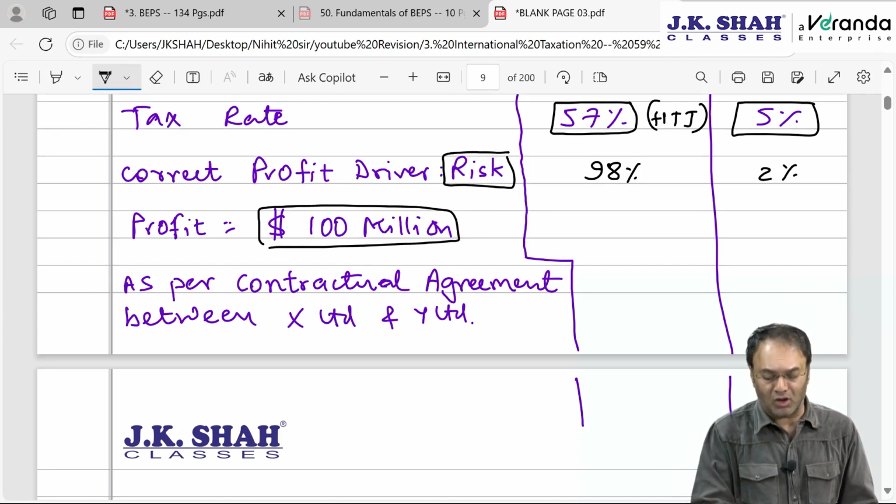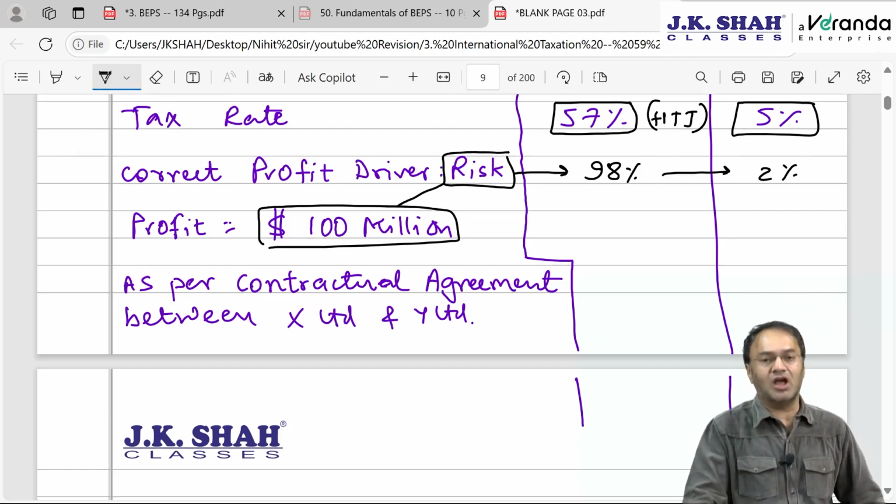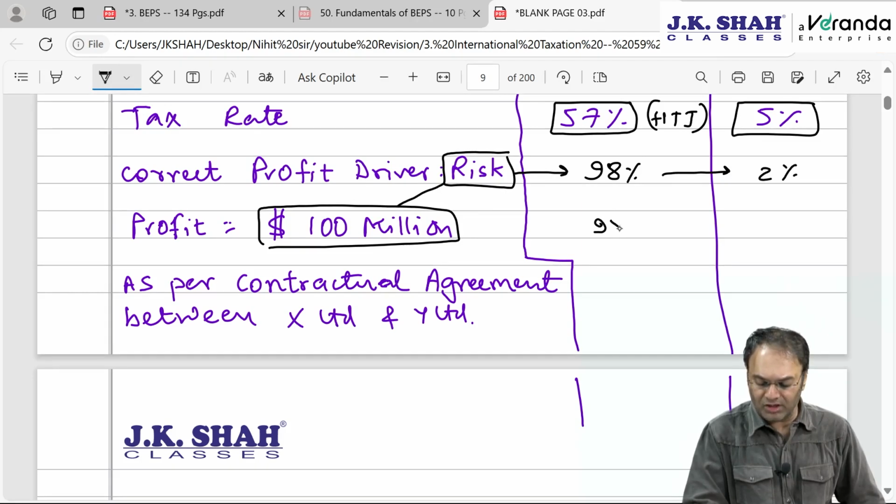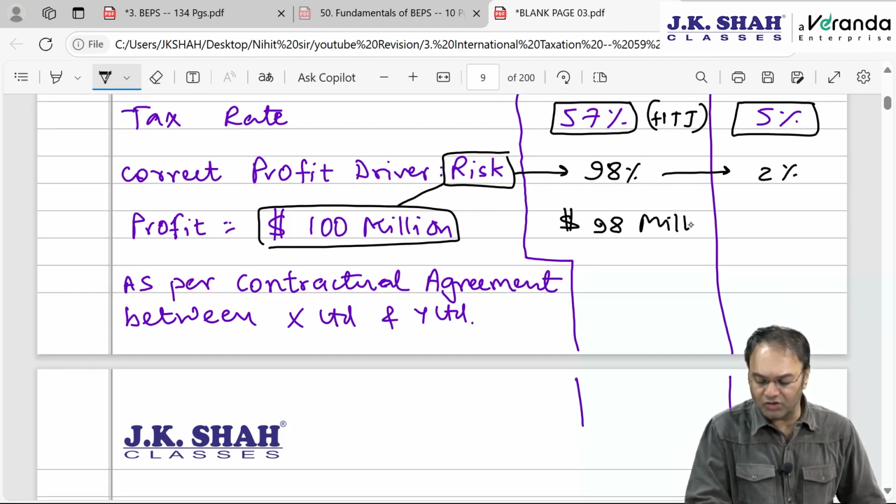If risk is the profit level indicator and this is the percentage of value creating activity in these two countries, how much profit should be allocated to each? Out of 100 million, $98 million should be allocated to X Limited, which should be taxed at 57%, and only $2 million should be allocated to Y Limited.